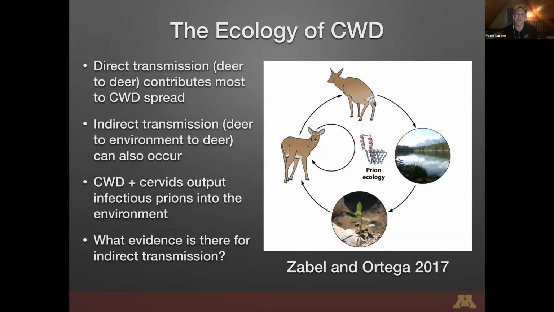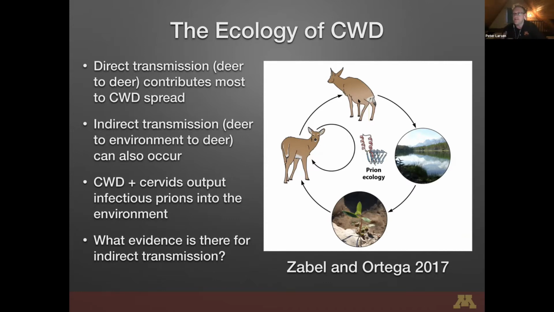But indirect transmission routes are also implicated. And what I mean by indirect is a CWD positive deer, and this is what I'm showing in this figure from the Zabel and Ortega publication, that misfolded form can be present in the feces, in the urine, can be present in the carcass of a CWD positive animal.